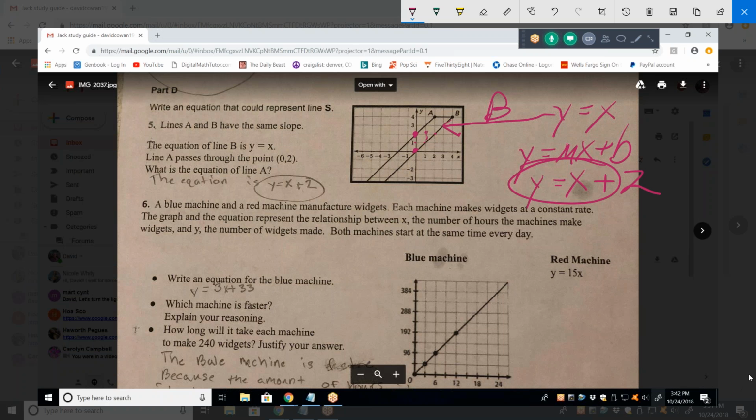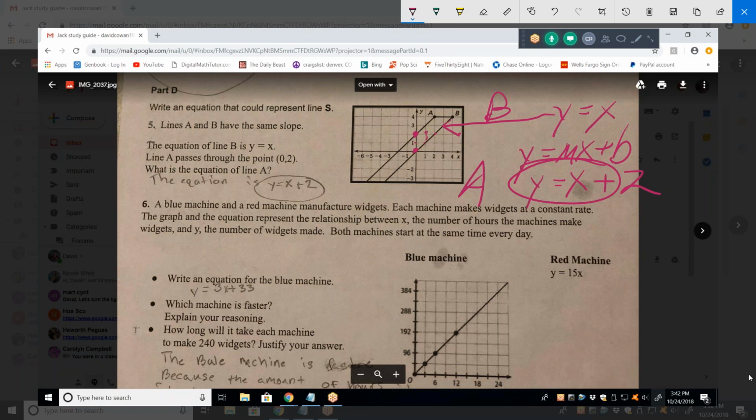Now, is that the equation of line A? Well, what's the slope of line A? We know the slope is also 1 because it says it's got the same slope as line B. So that 1 in front of the x is correct. And what's its y-intercept? 2.